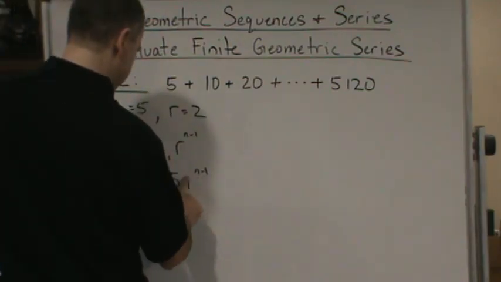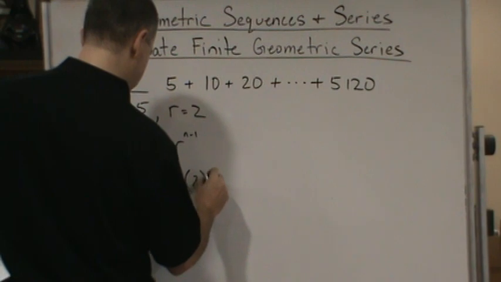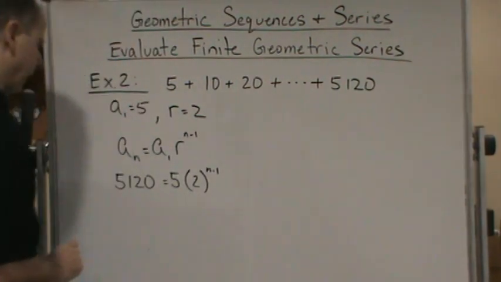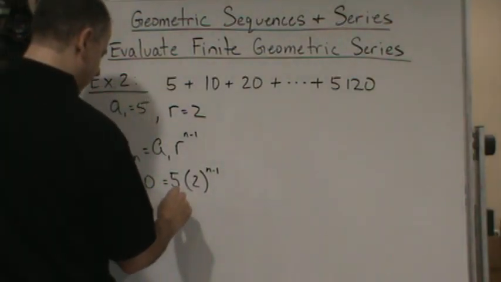In fact, this r is going to be 2, so 2 to the n minus 1 power. The first thing I'm going to do is divide both sides by 5.